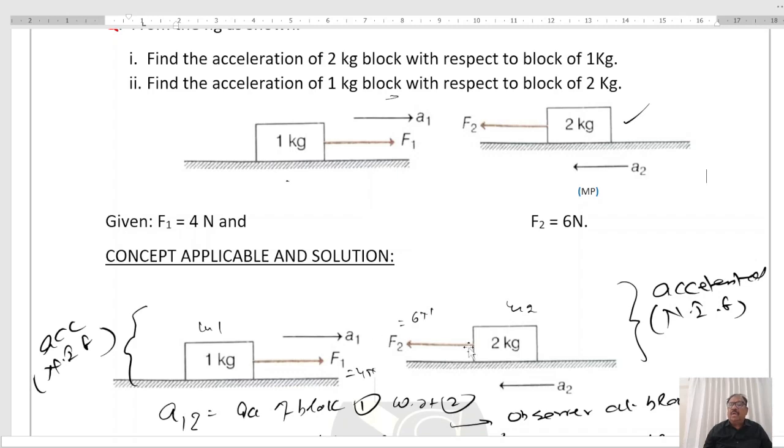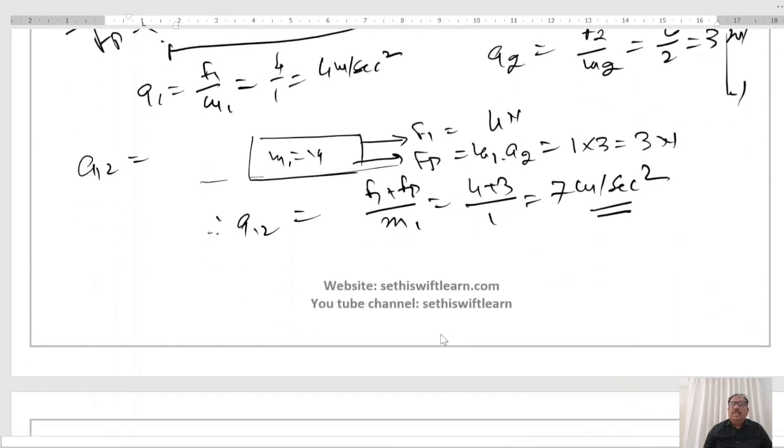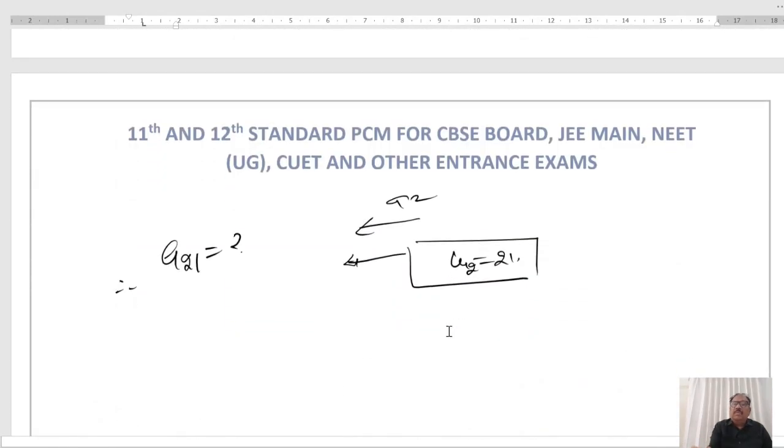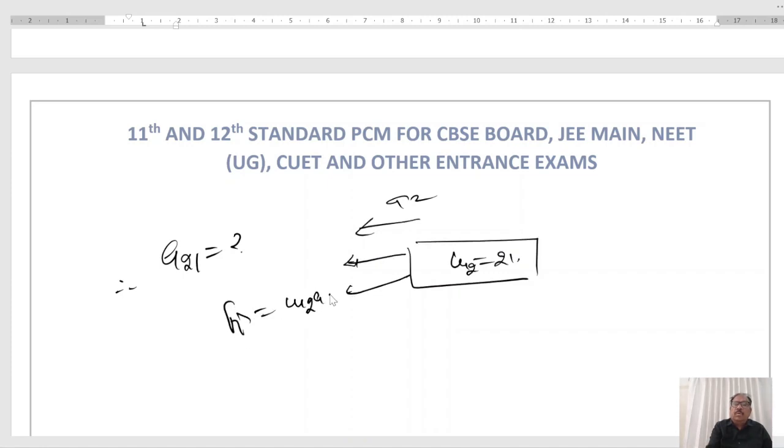So the pseudo force on M2 will be on the left hand side. This will be Fp equal to M2 into A1, right? Therefore, A21 will be equal to Fp plus F2 divided by the mass 2.